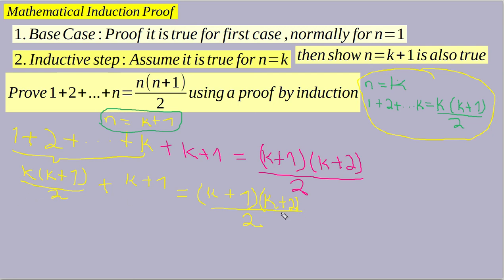So I multiply each term by 2. If I multiply this by 2, I get k into brackets k plus 1.